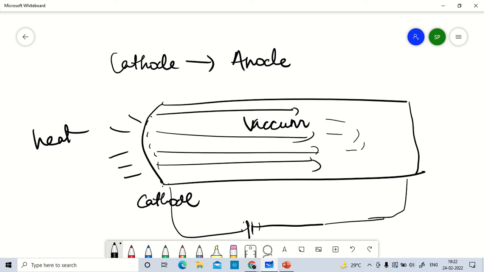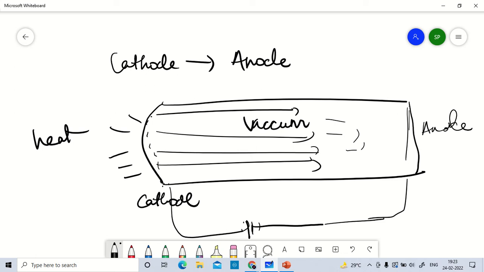Here it's written that the electrons are supplied by the heated cathode, and the controlled flow of these electrons in vacuum is obtained by varying the voltage between its different electrodes. So they used to vary the voltage in order to control the flow of electrons, and this used to be the anode.